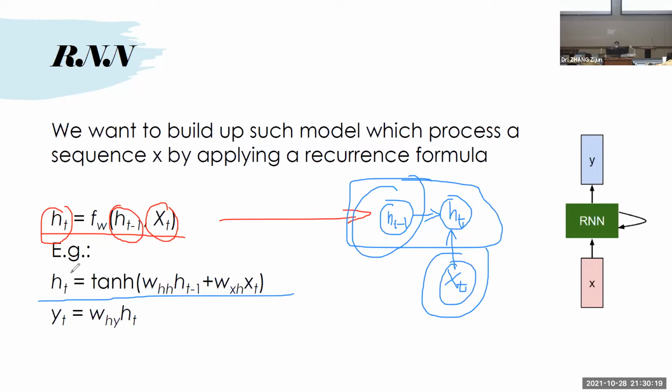These are embedded into h_t, the hidden layer at t. Then, through a fully connected network, we get y_t. This is the weight from the hidden layer to y, this is the weight from x to the hidden layer, and this is the weight from hidden layer to hidden layer.